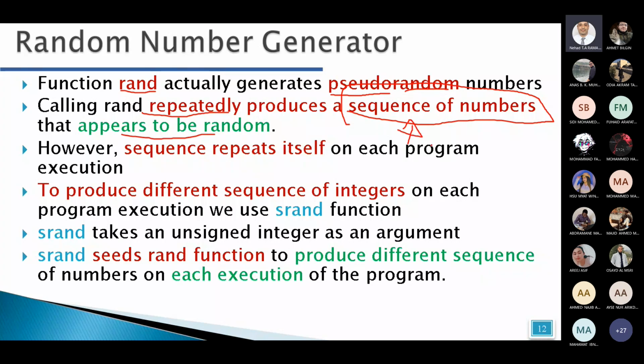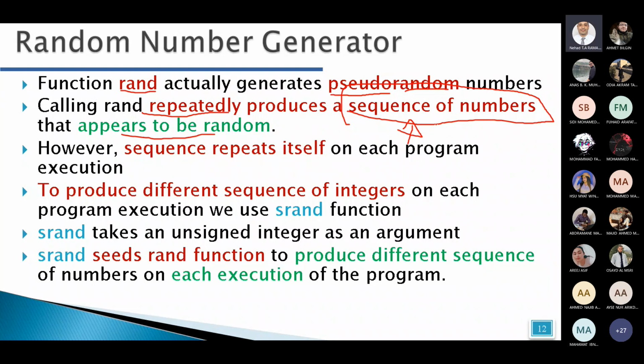Okay, teacher, okay, doctor, but we need random. You said it's not really random. I said to make it random, you have to use a different seed. Because if you keep the default seed, you will get the same sequence of numbers.